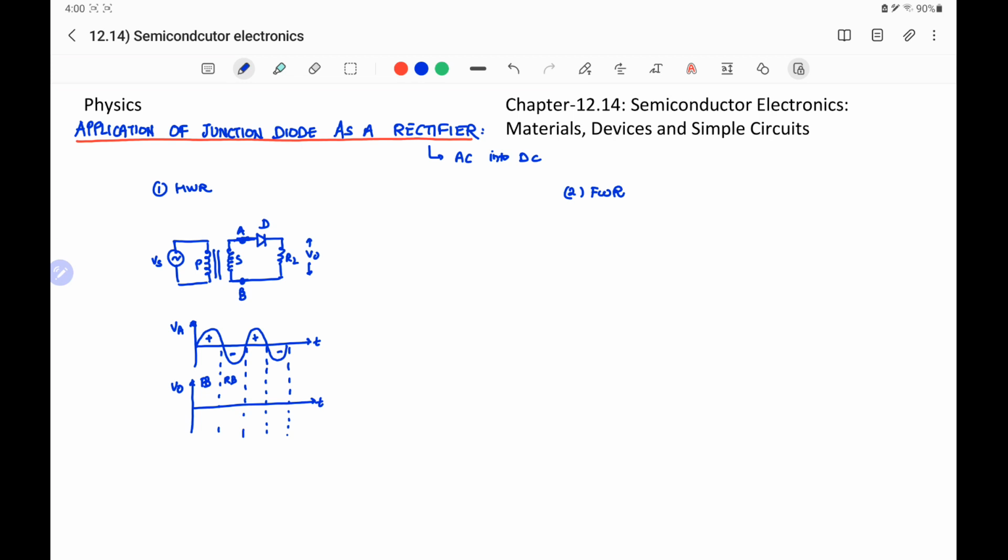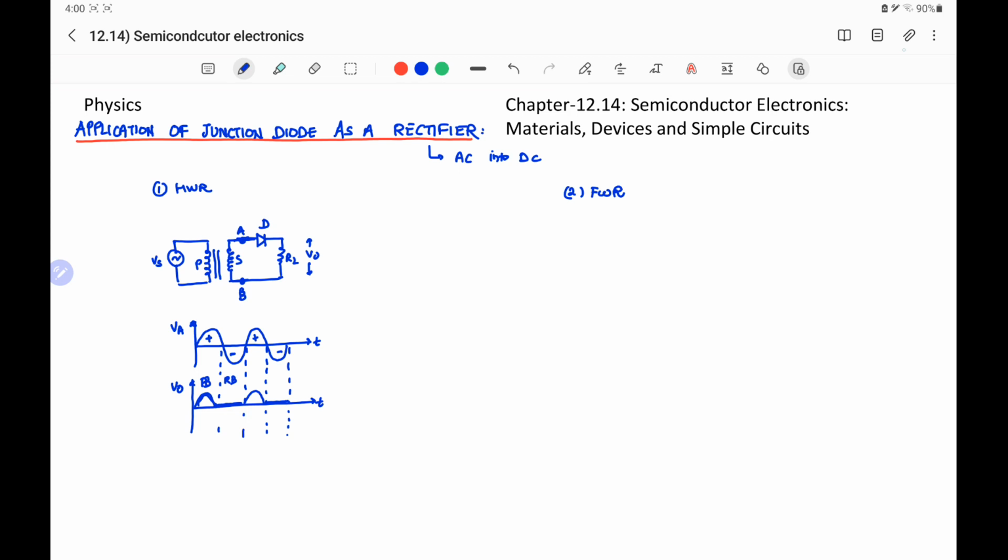In forward bias, the diode conducts and the voltage appears across the load resistor. So for the positive half cycle at A, the diode conducts and we have the same voltage at the load resistor as output. For the next half cycle, it remains in reverse bias state, so it does not conduct and voltage does not appear at the load resistor. Again, for the next half we have the output voltage and then 0. So this is the waveform of the output voltage.